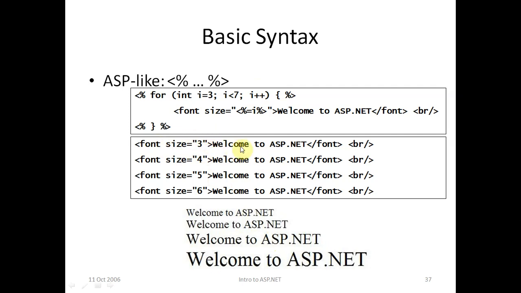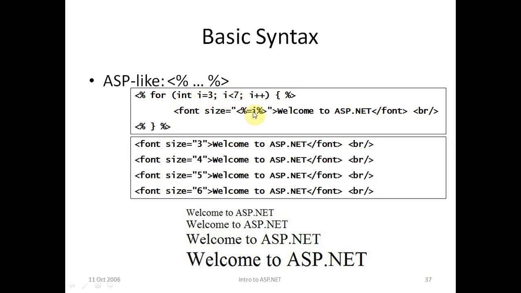Rather than writing 5 times, we can use a for loop in ASP.NET, and this way we can write the program. So percentage for i = 3 and i < 7, i = i + 1, meaning i++, and curly bracket, then percentage is closed. Then we have written here font, and inside the font we have written percentage i. Every time i will be changed.